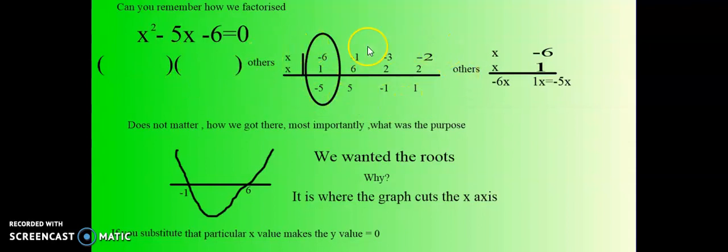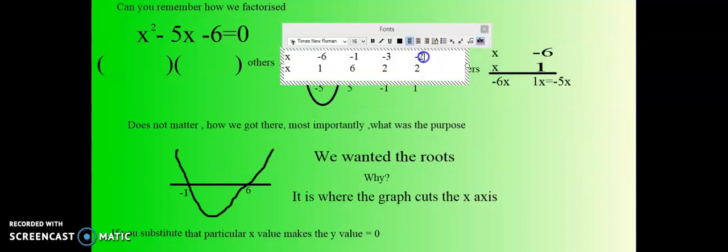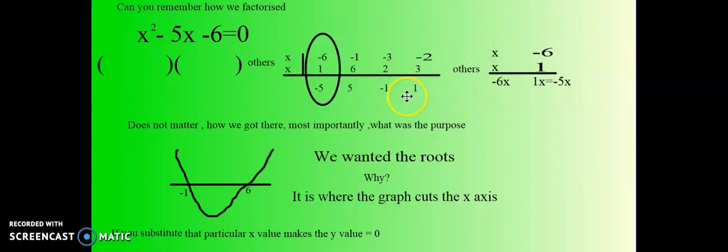Others are familiar with listing the factors of x squared, which is x and x, then list all the factors of 6 that can give you a result of 6: 6 and 1, 1 and 6, 3 and 2, 2 and 3. Then because the 6 is negative, one of the two factors must be negative, so we made the top one negative.